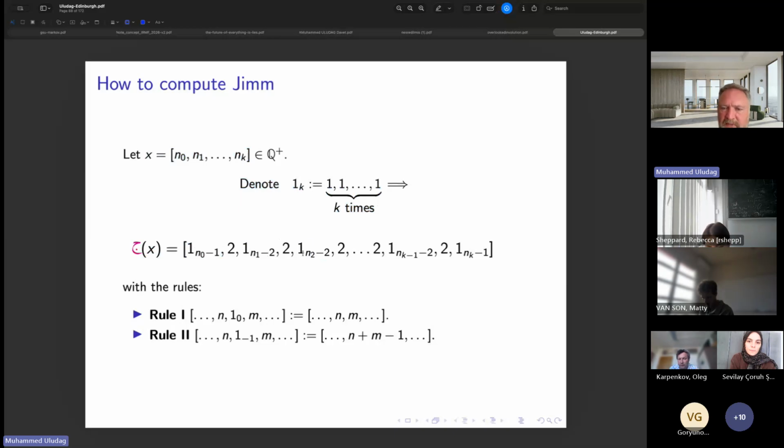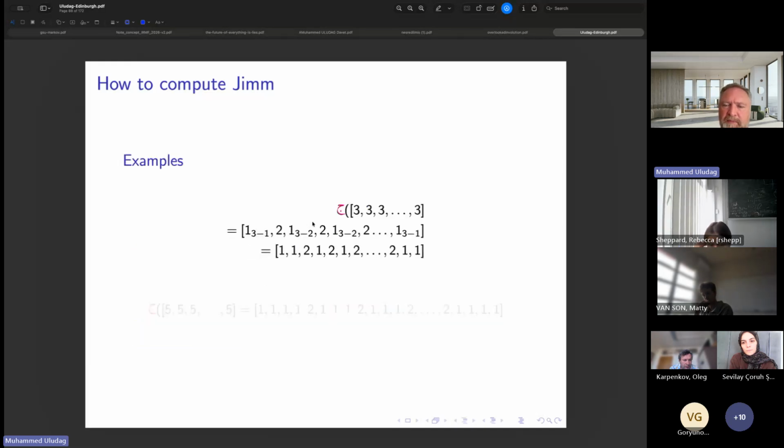For example, sometimes when n2 is 1 or 2, so this is going to be 1 sub 0 or 1 sub minus 1, and I have to explain what to do in that case. And I have the following rules which tell us what to do.